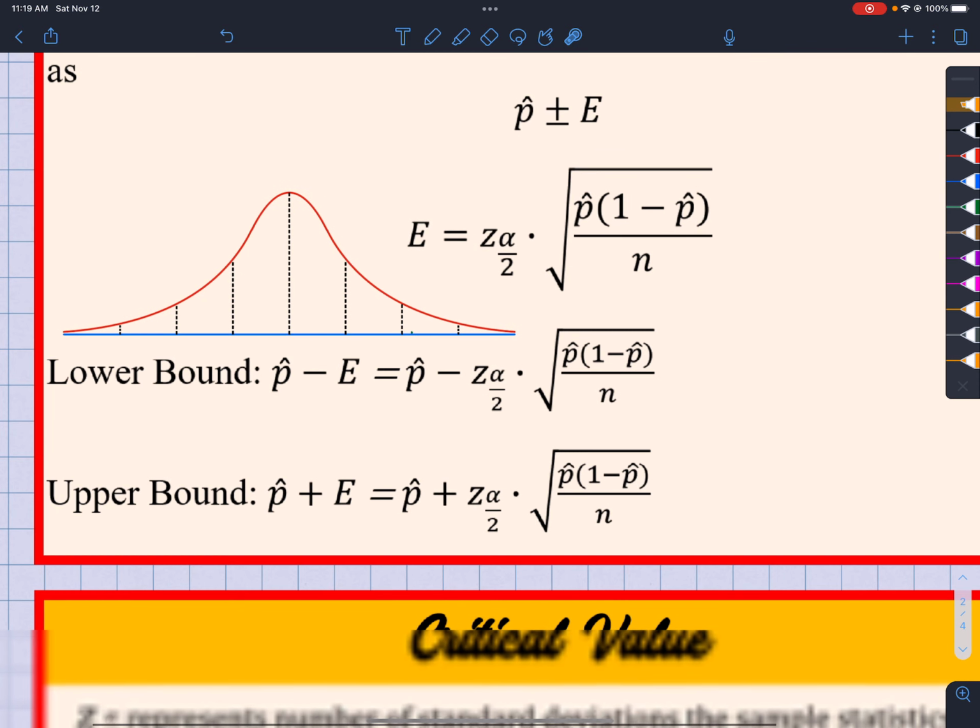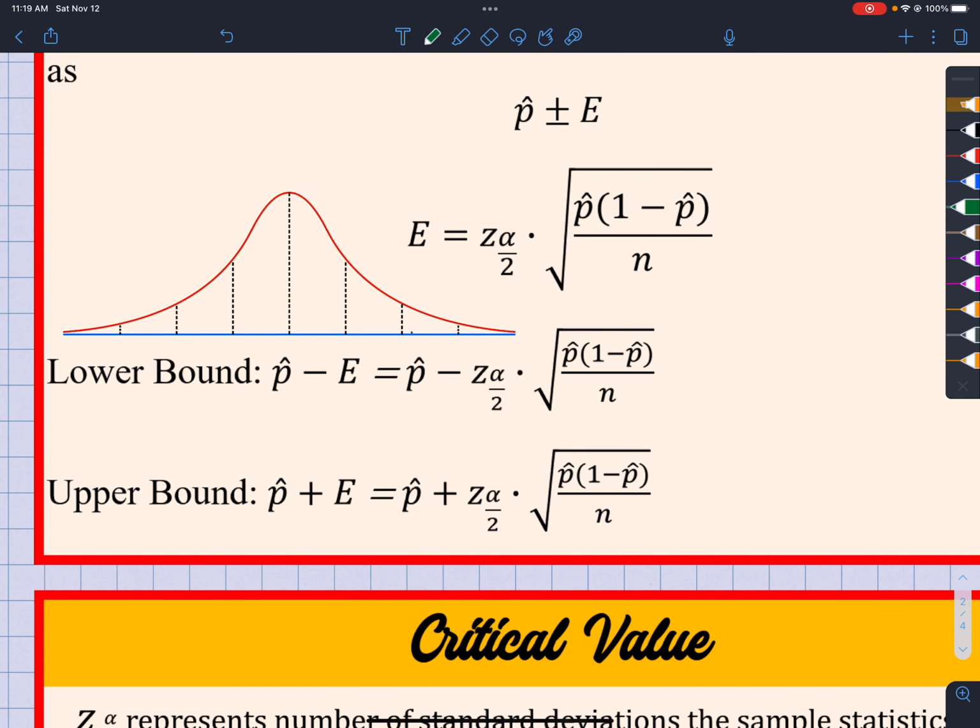So let's say, for example, we're looking at 95%. If we look at 95%, then we're looking at an interval from here all the way to here. In other words, everything in here, this area on the curve, will be your 95%.